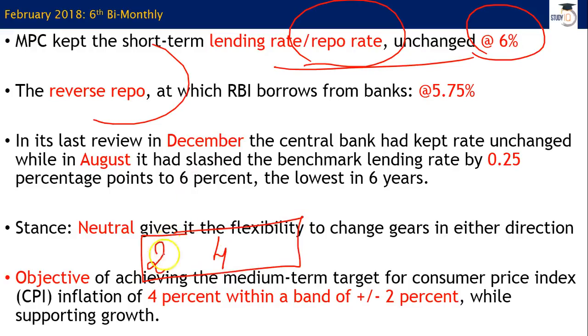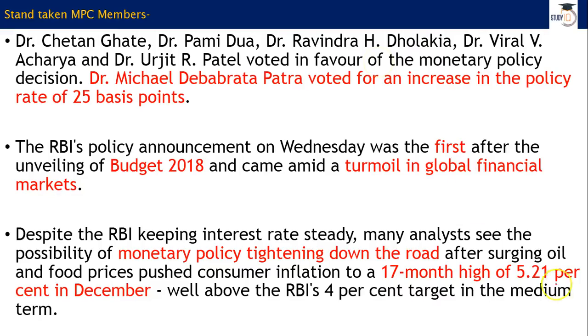So the lowest inflation can go is 2%, and the highest it can go is 6%. Now the matter of worry is that at present, as we are speaking, the December inflation rate was 5.21%. So you can see that we are not that far from this 6%.